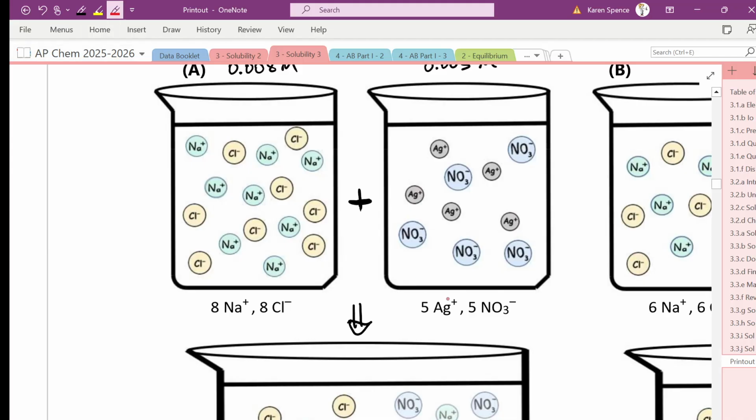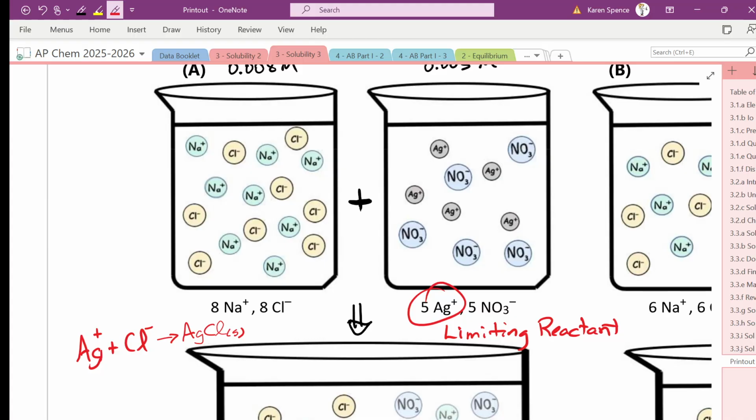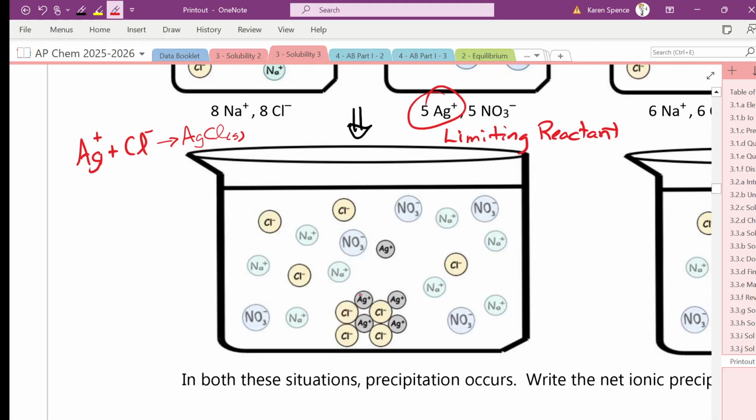Silver is our limiting reactant, because we got Ag plus Cl gives AgCl solid. And it's 1-to-1, but we have more chlorides than we do silvers. So 5 of those are going to precipitate, right? We got 1, 2, 3, 4, except for, remember, it is slightly soluble, right?